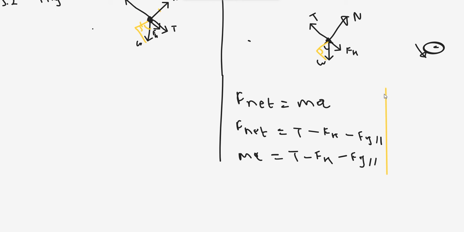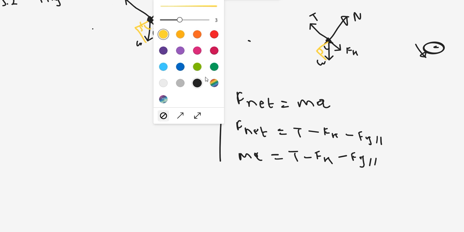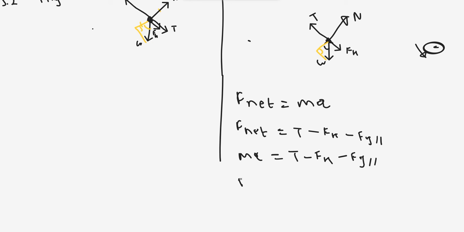So now we have MA equal to T minus Fk minus weight sine theta.